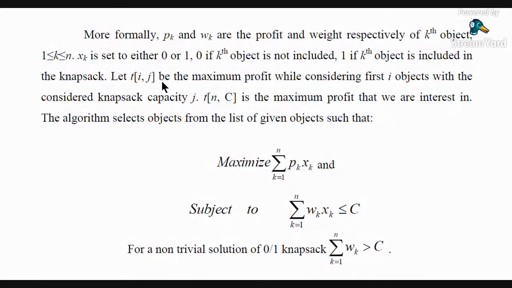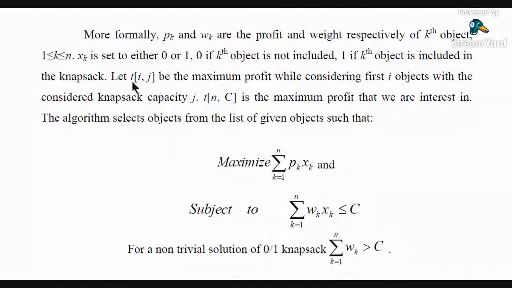What are we finally interested in? We are interested in T(n, C). n is the total number of objects, and C is the total capacity. So we start the computation from the beginning, and the final entry computed in the computational matrix is T(n, C).